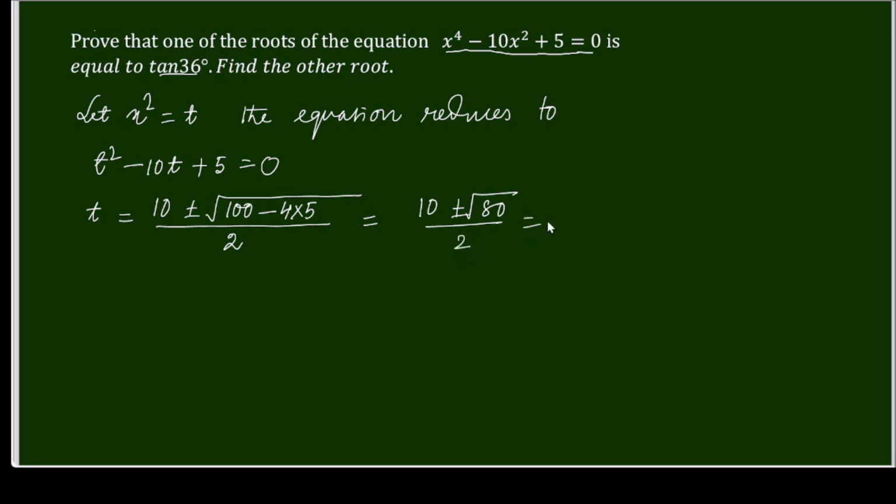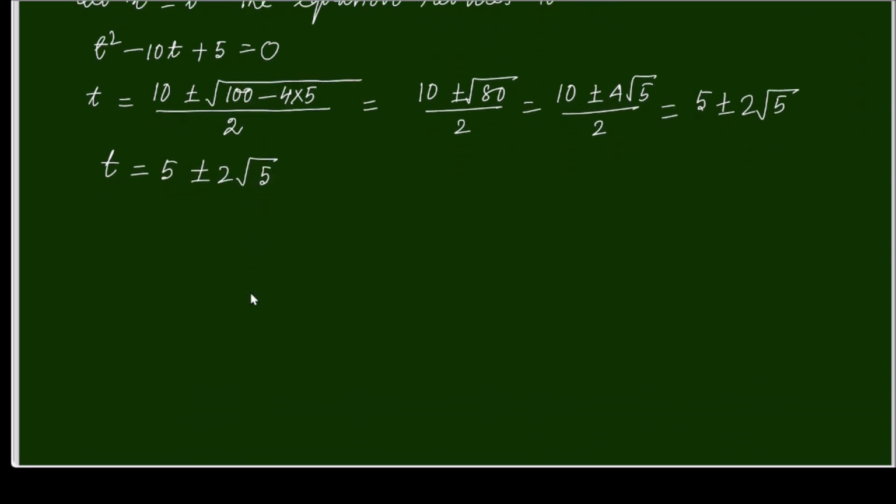The square root of 80 is 4 root 5, and cancelling with 2, I'll get 5 plus minus 2 root 5. So t equals 5 plus minus 2 root 5. So it has two values: one is 5 plus 2 root 5 and the other is 5 minus 2 root 5.